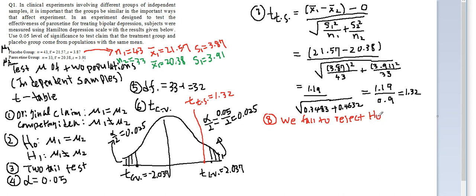And if you go through the flowchart one more time, we have, does the original claim contain equality? Yes, it does. Do you reject the null? Yes. So the conclusion should be there is sufficient evidence.